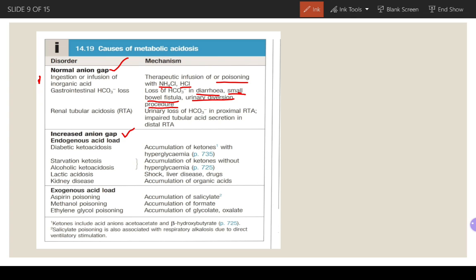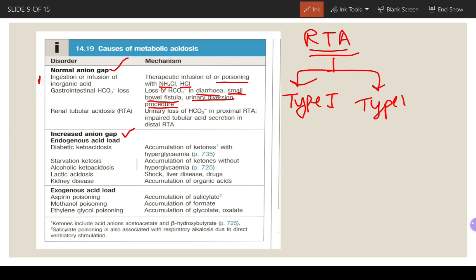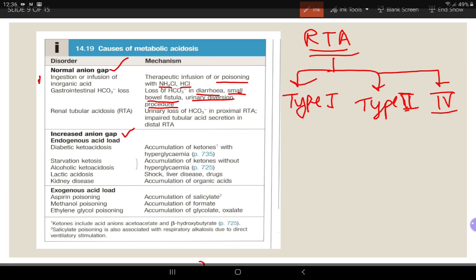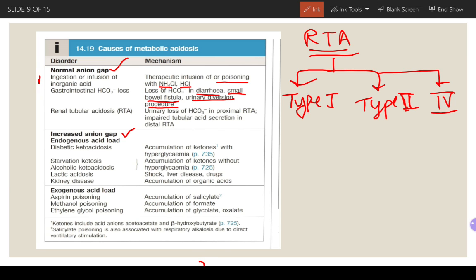So basically here, renal tubular acidosis, what we need to know is it is of three types. So you have type 1, type 2, and one more is called type 4. Type 1 is basically due to an impaired tubular acid secretion in the distal RTA.